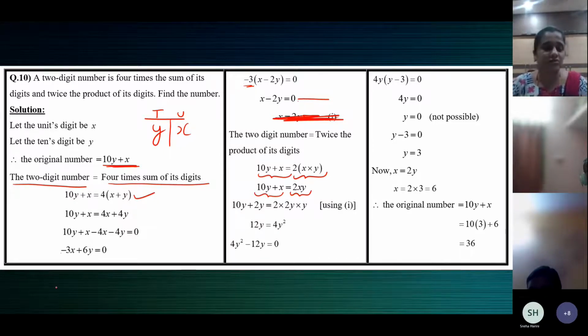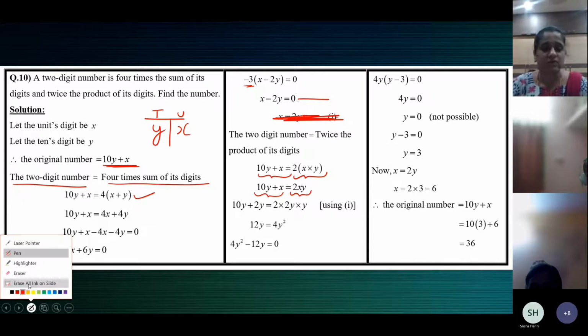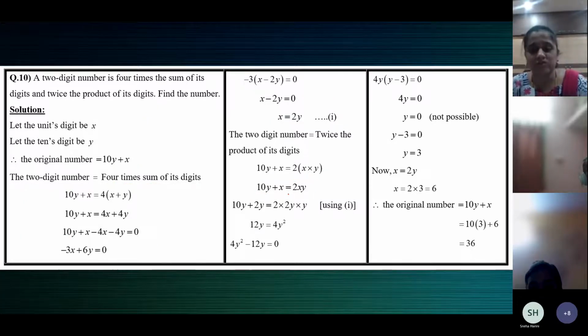We have to use the substitution method because we have 2xy. Look at this equation, 10y plus x is equal to 2xy. This one is not a linear equation in x and y.